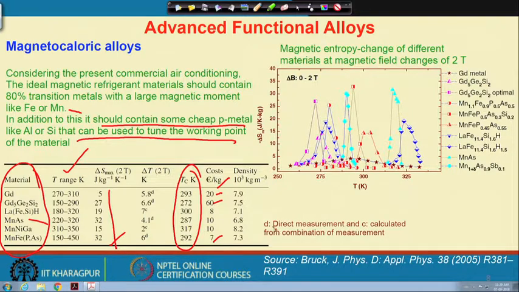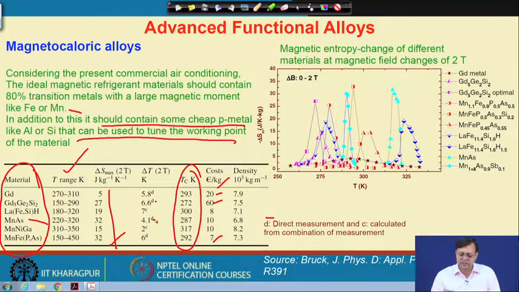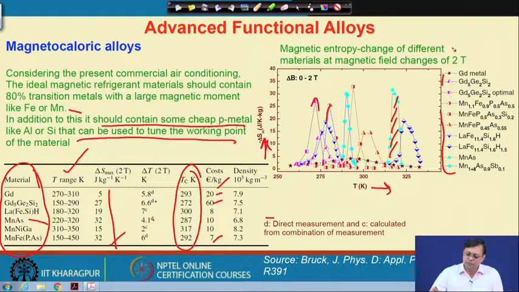So, some of these are directly measured and some are calculated values, and the difference between these compounds is shown with the net entropy change curve. We ultimately get this delta S versus T by magnetic measurement, and the area of the curve basically gives us the indication of the net refrigeration. So, the magnetic entropy change is measured for various compounds, and you can see different temperature ranges.